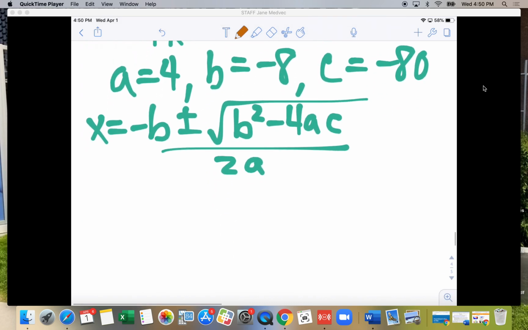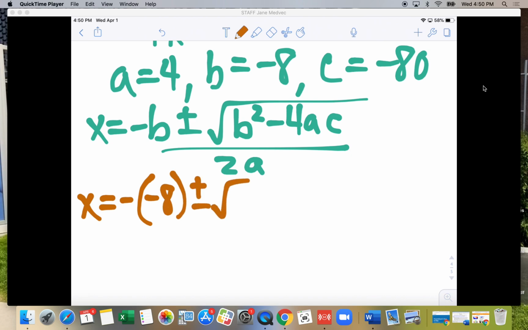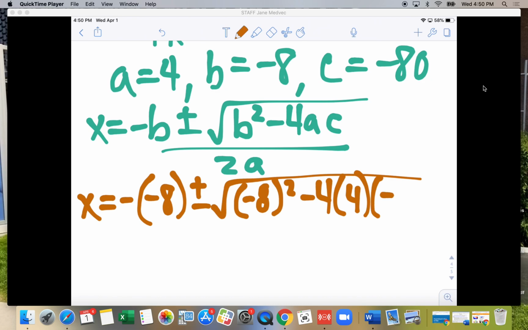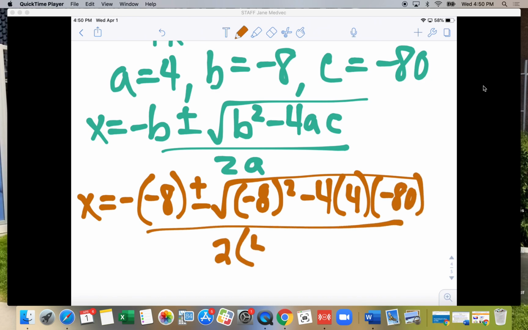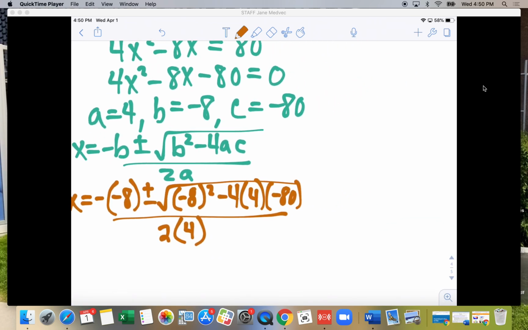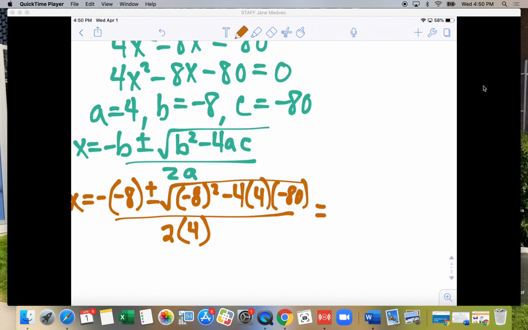So I'm going to go ahead and plug that through. x equals negative negative 8 plus or minus the square root. Again, I've got to include that parenthesis there because it's negative. Okay, I'm going to keep going.